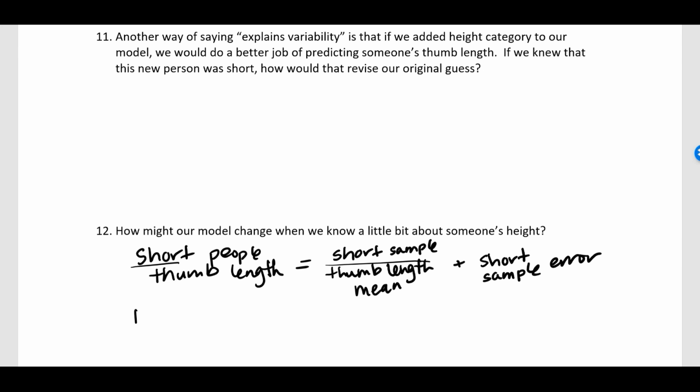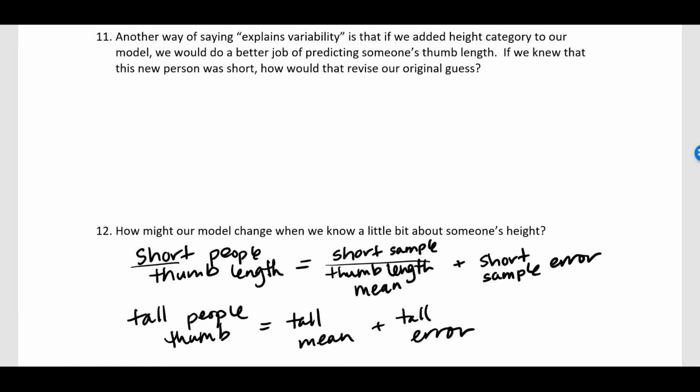Just as if we knew it was a tall person's thumb, we might use the tall sample mean and some measurement of error for our tall group specifically. So we add in whether they are short or tall, and adjust accordingly.